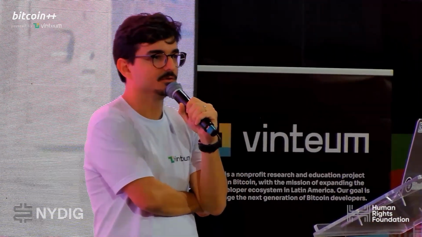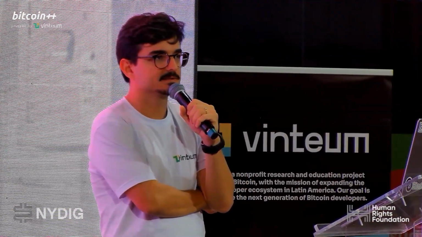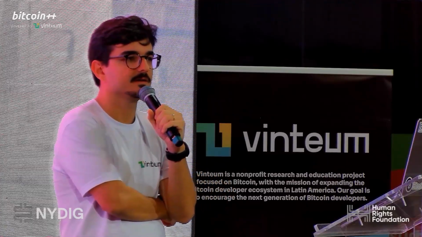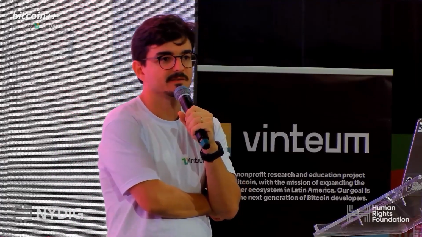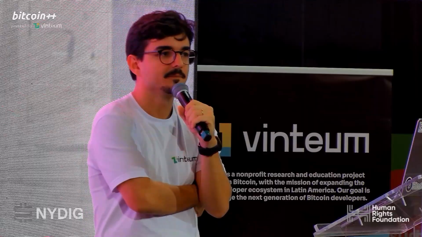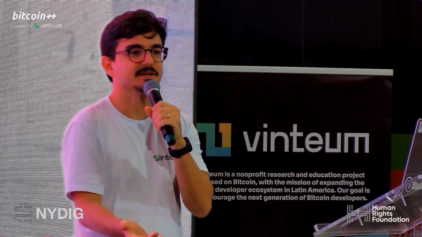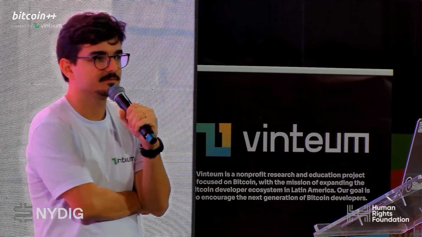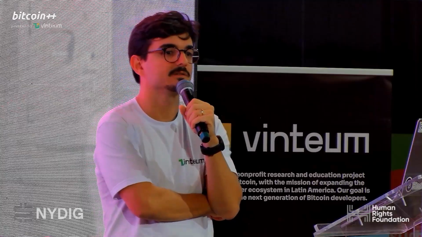Mutation testing is good, of course, but it has some problems. The first one is time, because every time I have a mutant, for example of Bitcoin Core, I have to compile the code, which takes time, and I have to run the tests, which also takes time. Especially in Bitcoin Core, where one functional test can take more than 1 minute to run.